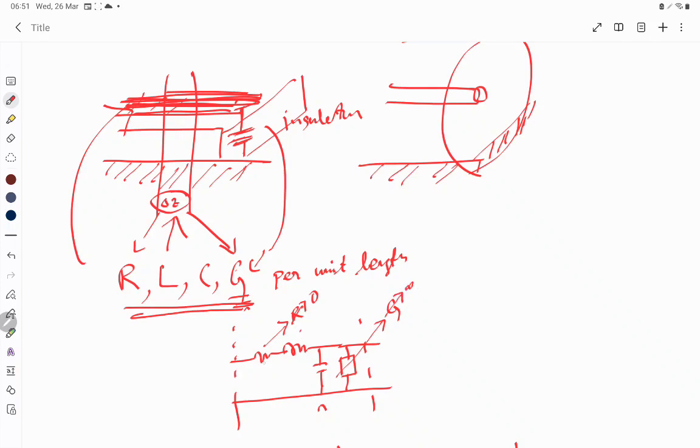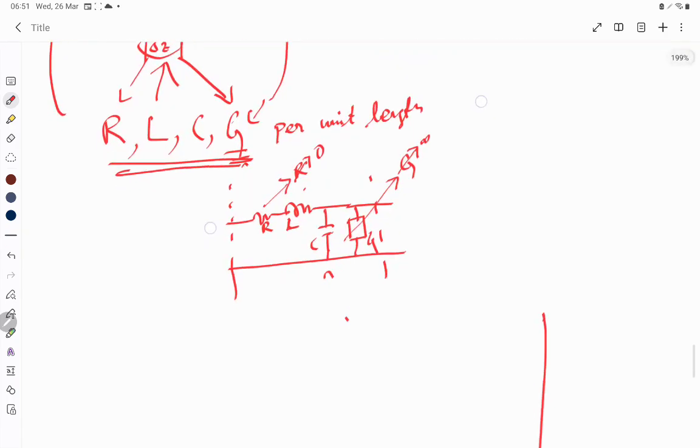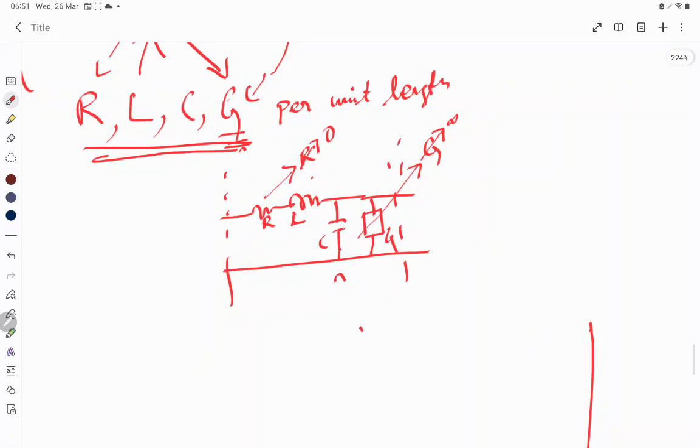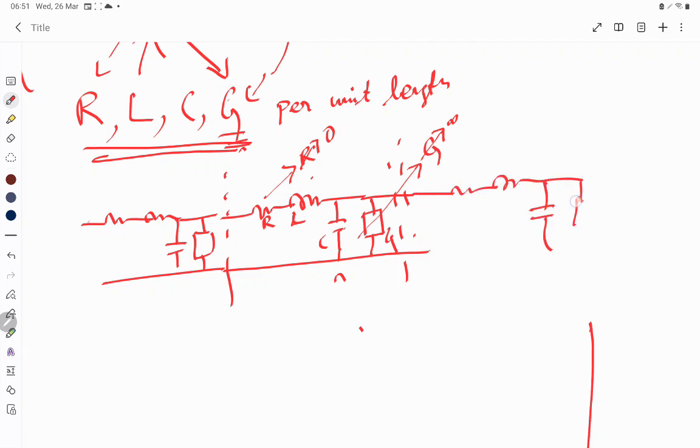Then it only becomes an LC circuit. You can think that the transmission line comprises a continued repetition of this unit RLCG, and this repeats.